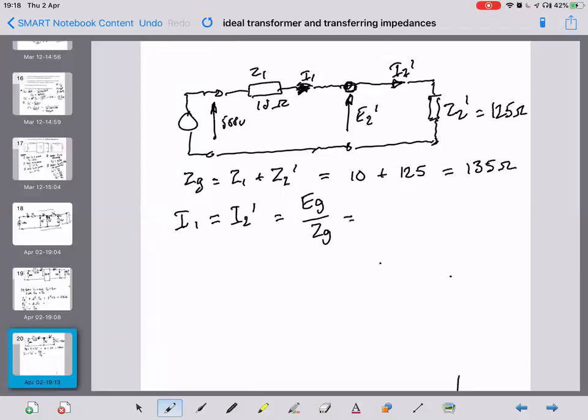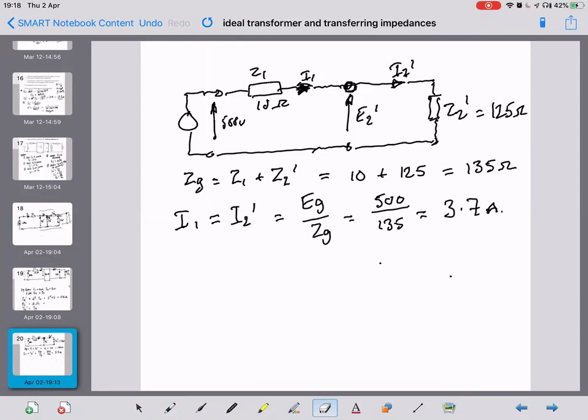That is 500 over 135 equals, I got 3.7 amps, but just check it. Yeah, 3.7.